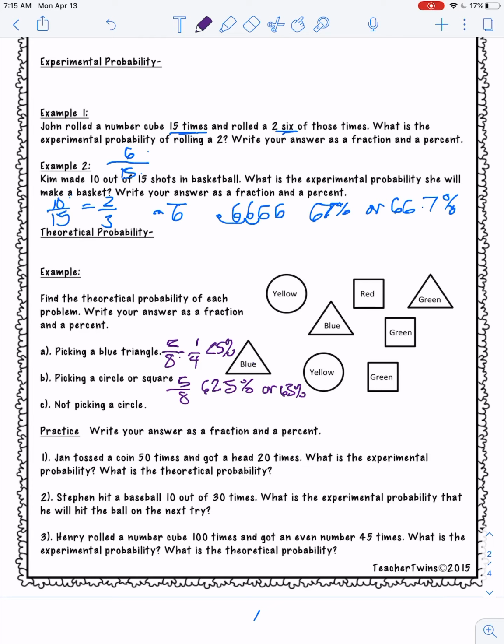So there's 1, 2, 3, 4, 5, 6 shapes that are not circles. So we have 6/8, which equals, divide each by 2, 3/4, which equals 75%. So you have a 75% chance of not picking a circle.